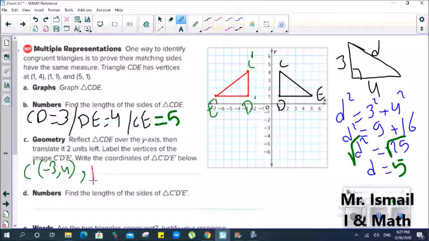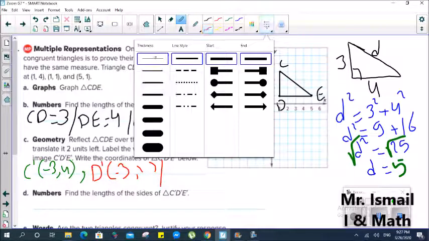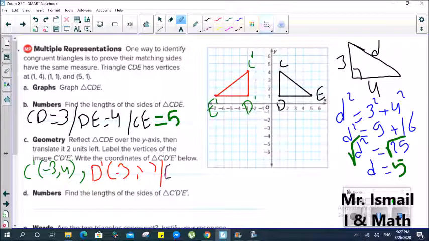D prime, this D prime. You want X, go to X, minus 3. You want Y, go to Y. Minus 3, 1. Now, E prime. You want X, go to X, minus 7. You want Y, go to Y, 1. So minus 7, 1.